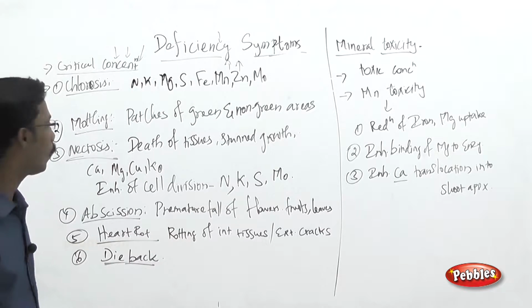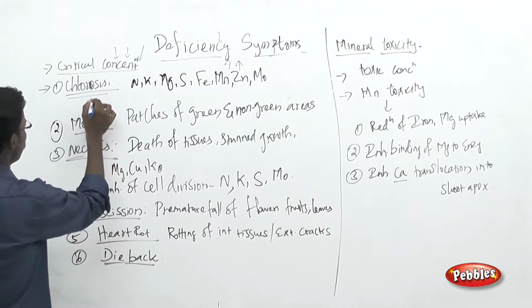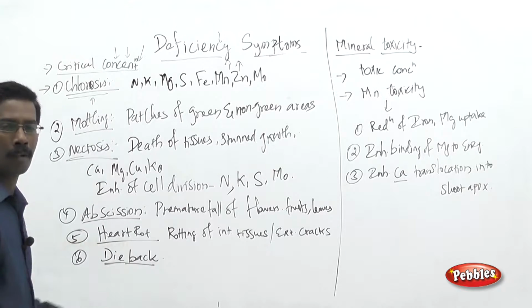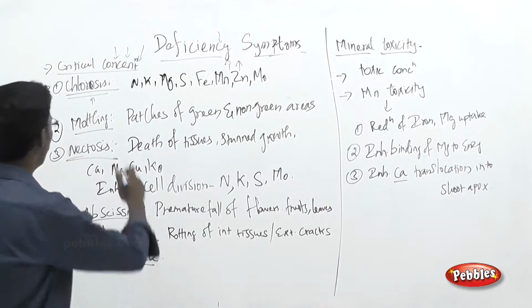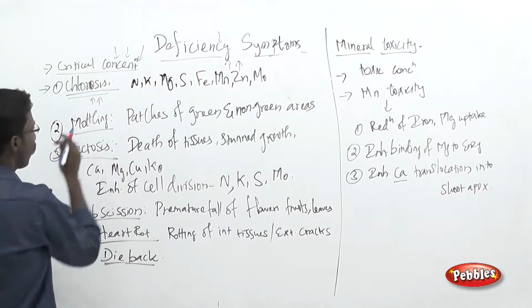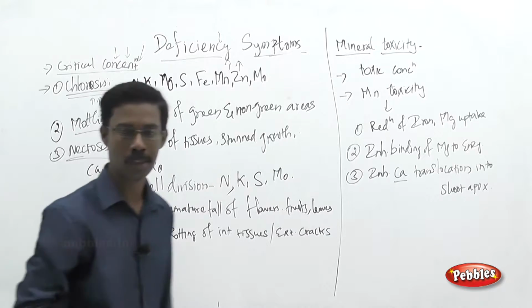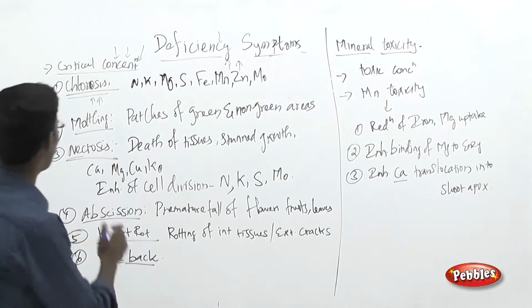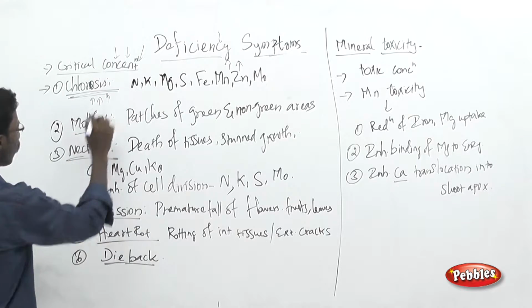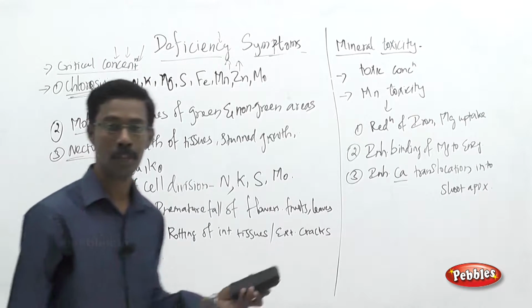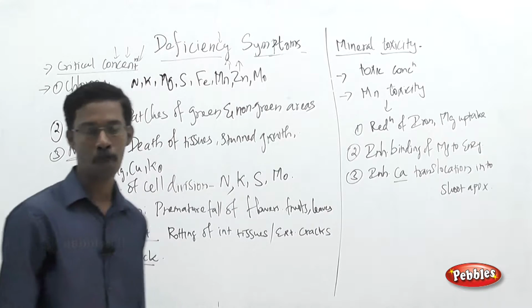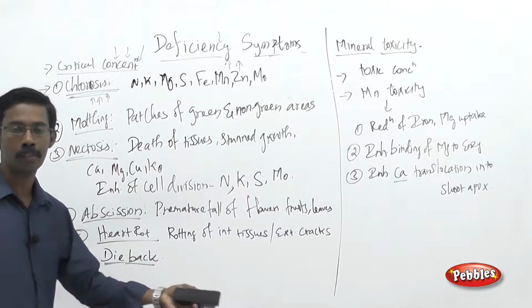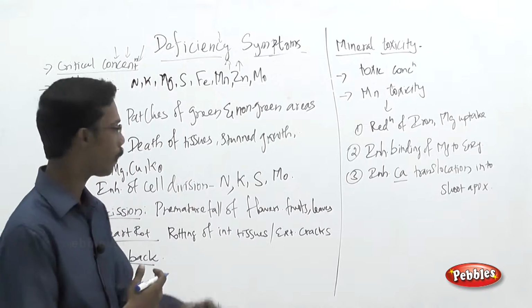a concentration below the required amount. So the first major symptom shown by the deficiency over here is chlorosis. So what is chlorosis? Chlorosis refers to the lack or complete absence of chlorophyll in the chloroplast. That will affect the photosynthesis of the particular photosynthetic plant.